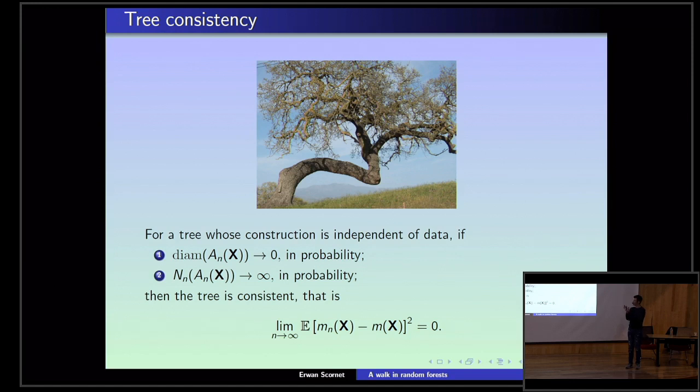You have a more precise expression when you're looking at what are called local averaging estimates, which are estimates where you just compute some weighted sum of the y's in order to predict. So for these estimates, trees and forests, you have some really nice way to upper bound the error, to upper bound this quantity.